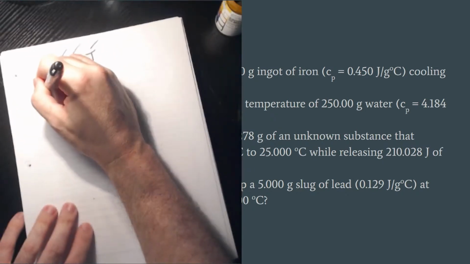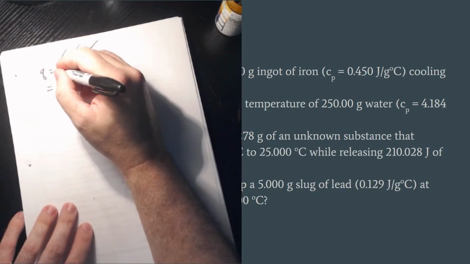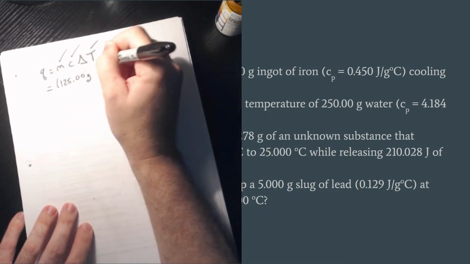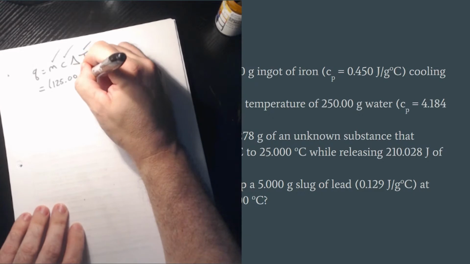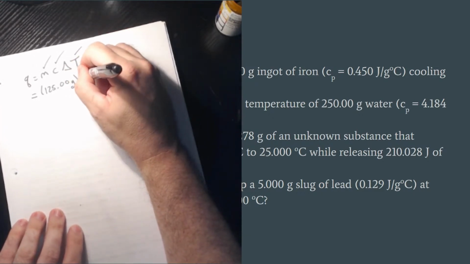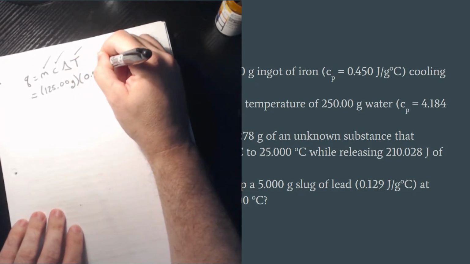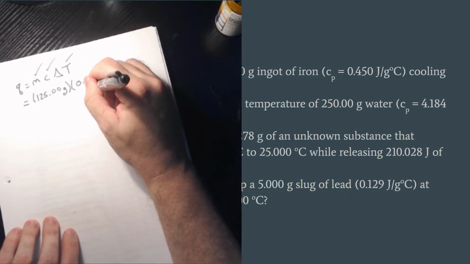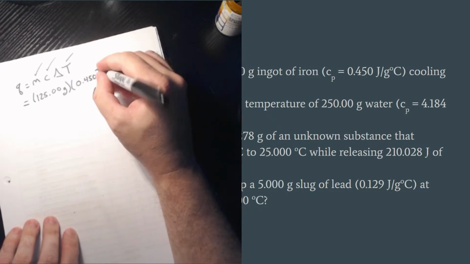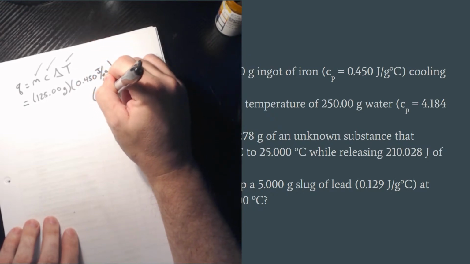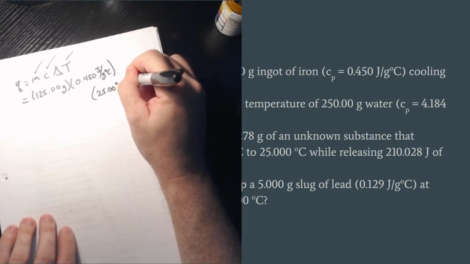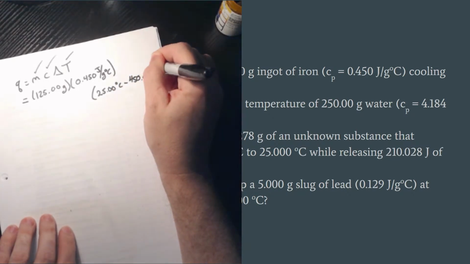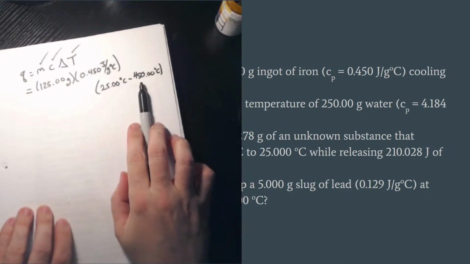So Q is 125.00 grams multiplied by the specific heat capacity, 0.450 joules per gram degree Celsius, times delta T. Final minus initial. We're cooling down to 25 degrees Celsius from 450 degrees Celsius. Okay. So final minus initial.